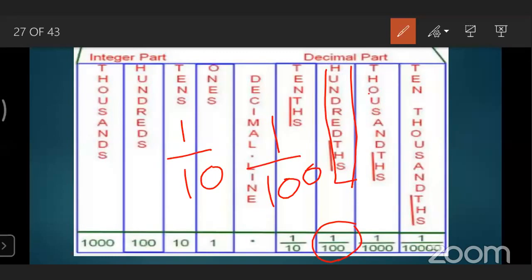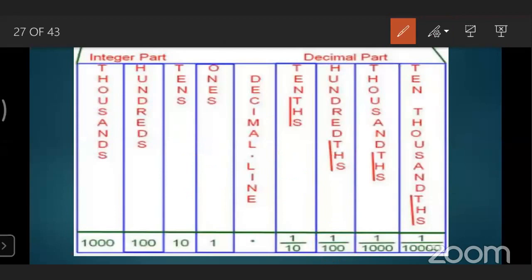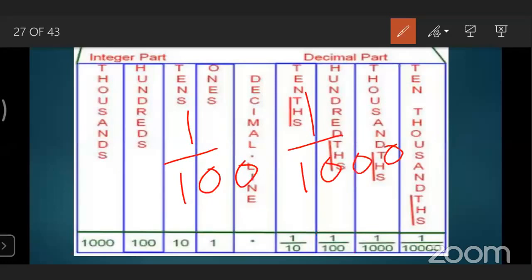That is the second decimal place. And when we divide 1/100, it becomes 1/1000. You can see here 1/1000, and that is the third decimal place. Is it clear? Yes. Very good. Okay, and so on.